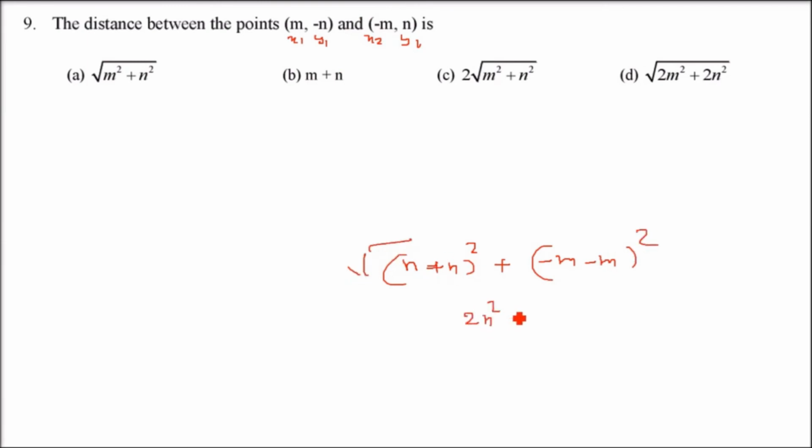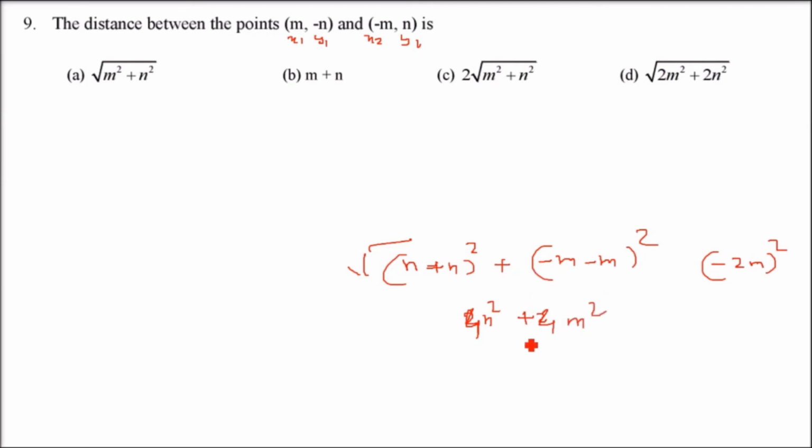n plus n is 2n. 2n whole square is 4n square. And again minus m minus m is minus 2m, square, so this is 4m square. So what do you get? 4n square plus 4m square, and all of this is under a root.